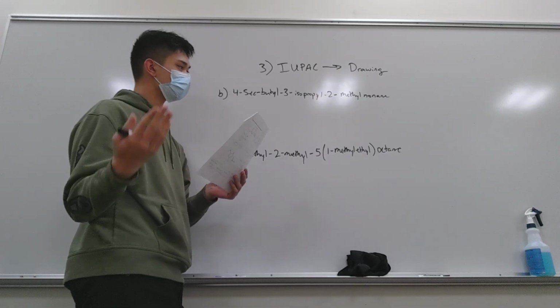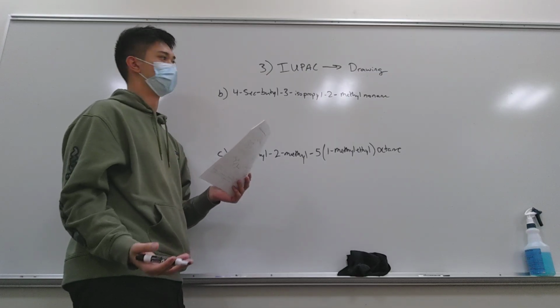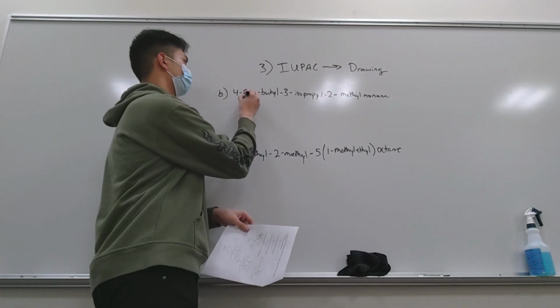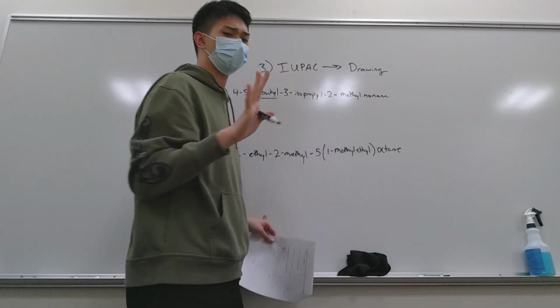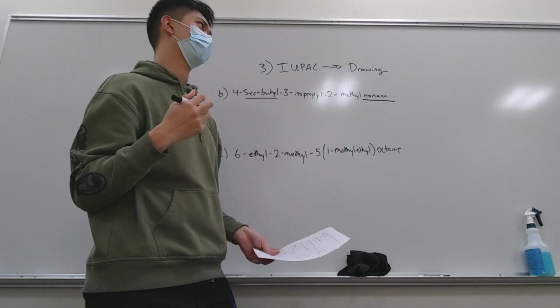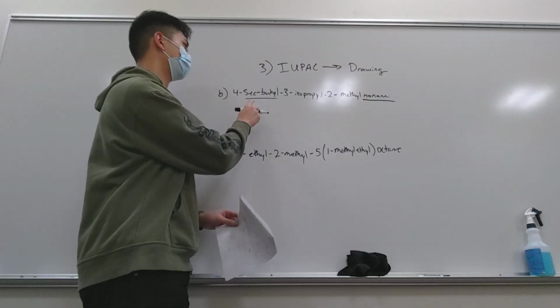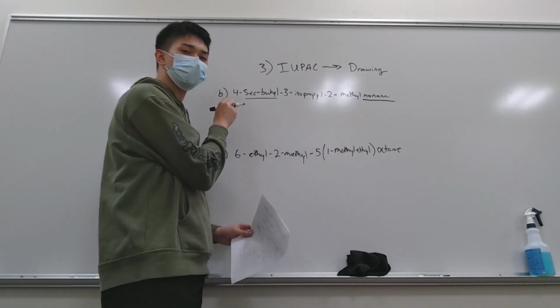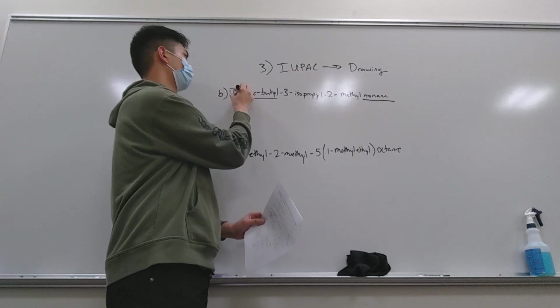So from the name, it gives us a lot of information already. We can see the kind of substituent. First of all, we can see the parent name, or what kind of alkyl chain we're dealing with, as well as the kind of substituents that are there and where those substituents are located.